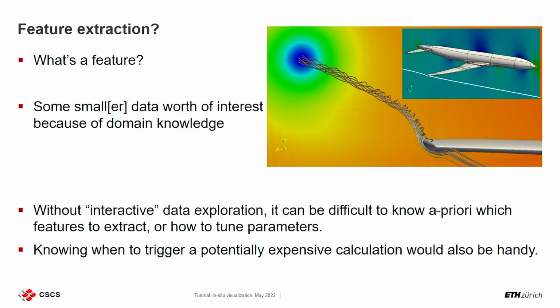Triggering the execution of a particular algorithm will be something that we need to pay close attention to because it's potentially very expensive. All right? So it's not going to be a toy exercise or a child's exercise to do this in situ instrumentation.